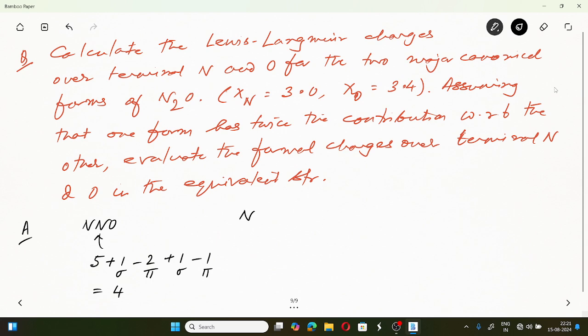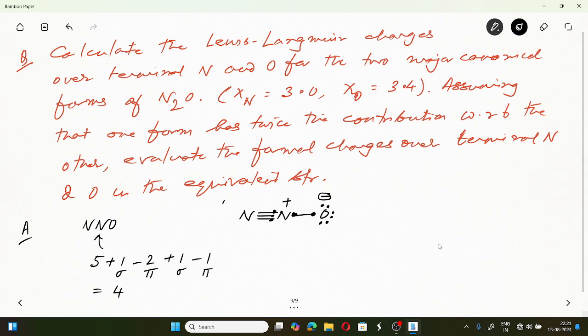So if we draw the linear structure, we can draw it like this: triple bonded nitrogen. Once it is a triple bond, the central nitrogen becomes tetravalent, which is not possible, so naturally we cannot give any more bond. Nitrogen already has 4 bonds, so there is a plus here, and there will be a negative charge over this oxygen.